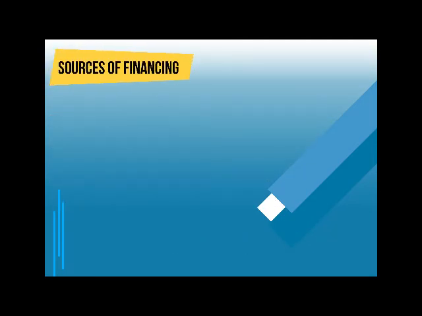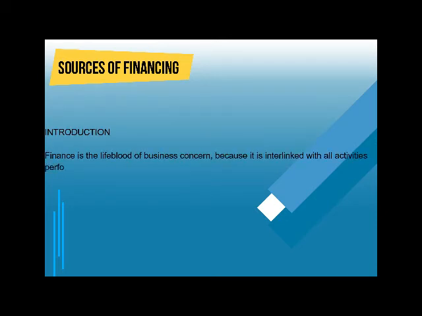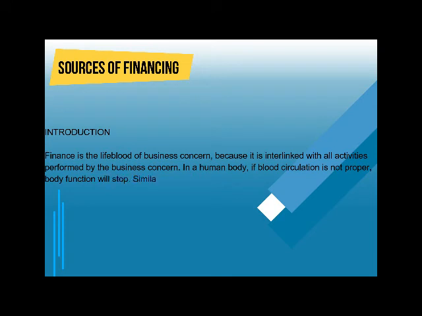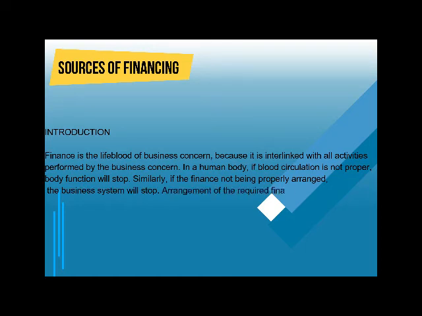Sources of financing. Finance is the lifeblood of a business concern because it is interlinked with all activities performed by the business concern. In a human body, if blood circulation is not proper, body function will stop. Similarly, if finance is not properly arranged, the business will stop.